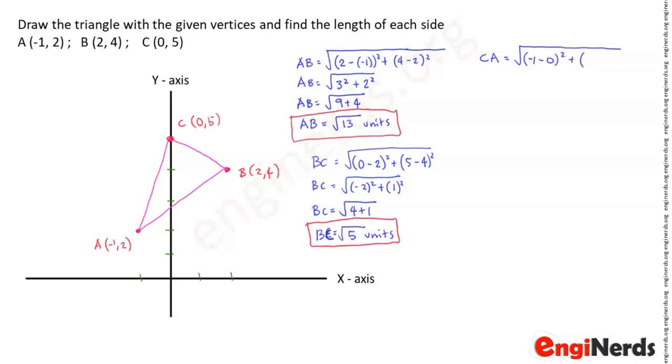So, ang y2 natin is positive 2 minus ang y1 natin is 5 squared. Okay? So, CA is equal to the square root of negative 1 squared plus 2 minus 5 is negative 3 squared. So, CA is equal to the square root of 1 plus 9. Okay, so CA is equal to square root of 10 units.